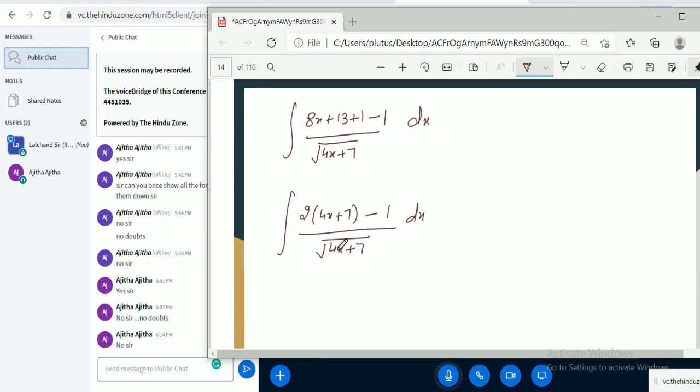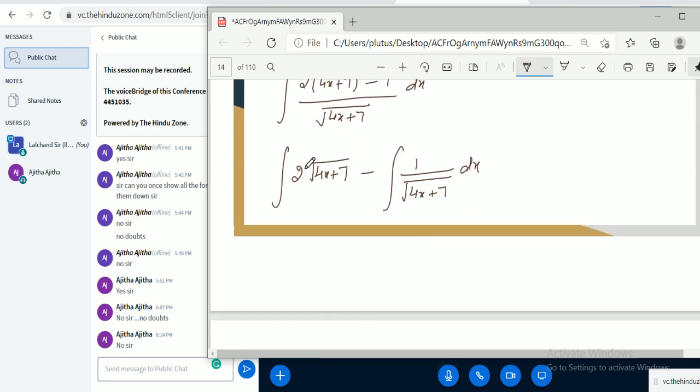So if we divide, each term will be 2 into integral of (under root 4x plus 7) minus 1 upon under root 4x plus 7, into dx. Okay. So what is the integral of this?